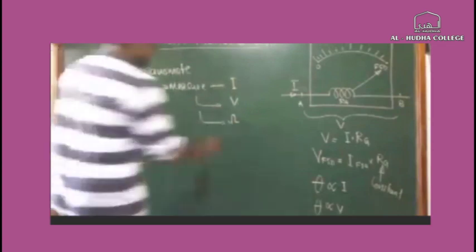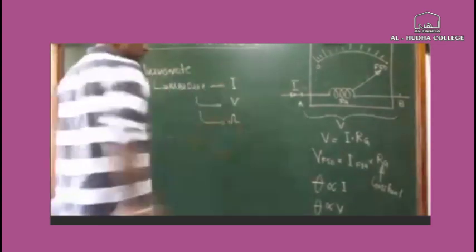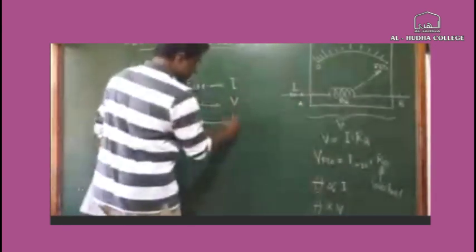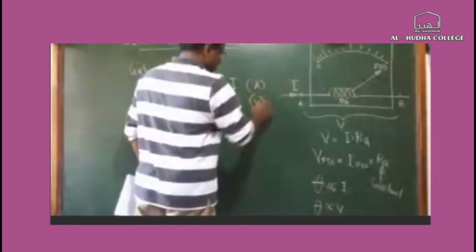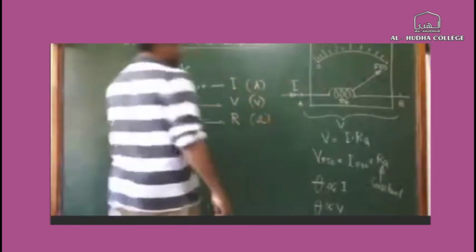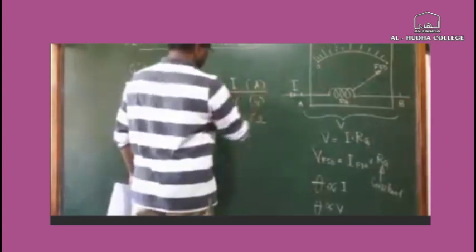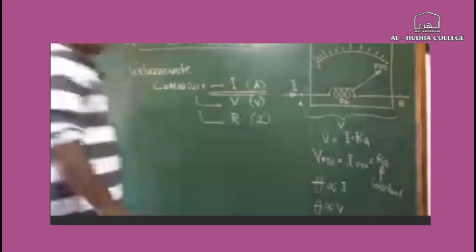So we will see how we do this one by one. Okay. First, we will take current: ampere, voltage, ohm. Now we will first take how we measure current using a galvanometer.